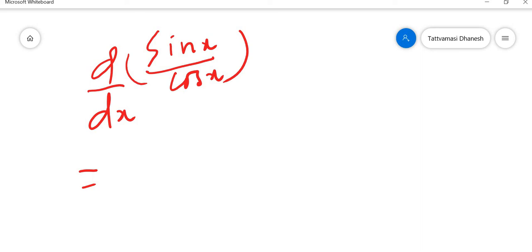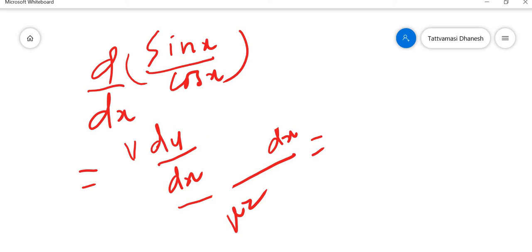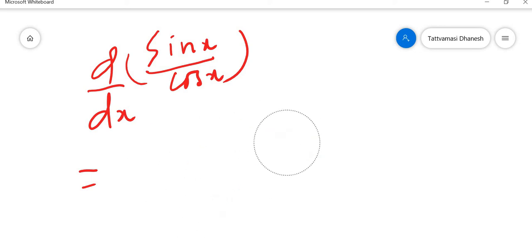So v into du by dx minus u into dv by dx divided by v square. So what is v here? Cos x.